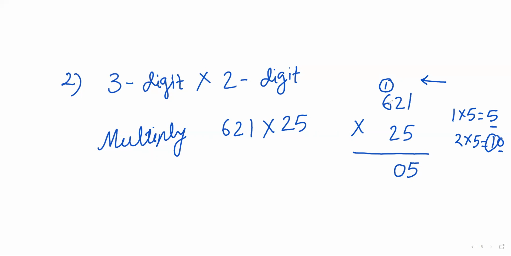Now multiply 6 by 5. What will we get? 6 5s are 30, right? Now what will we do if there is carry? We add this carry, right? That is 30 plus 1, 31, right? Here the numbers are finished, so write this 31 as it is.